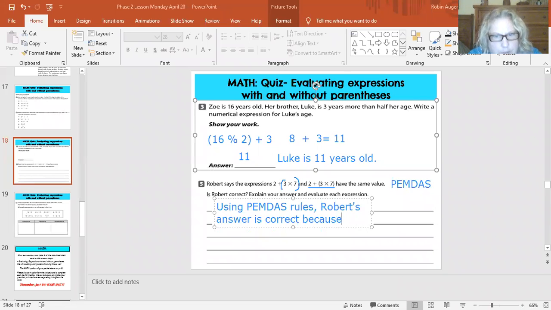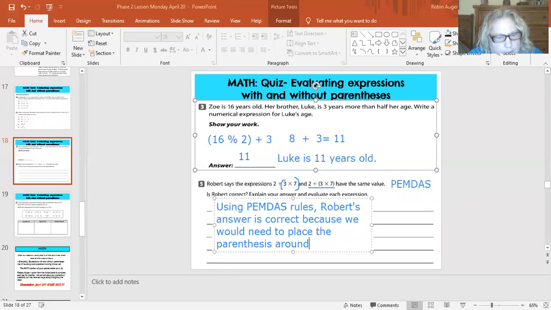Because we would need to place the parentheses around the 3 and 7 as our first solve.